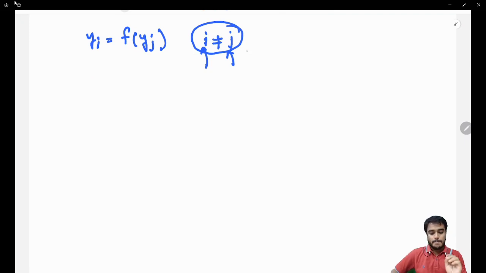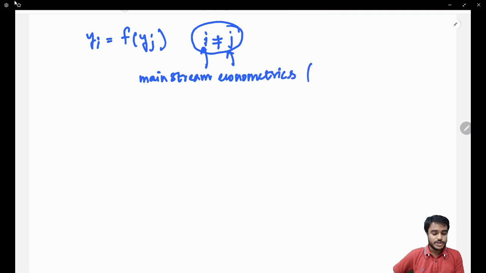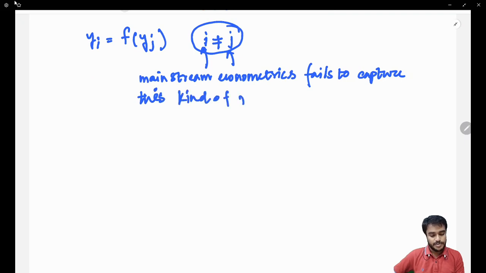Suppose that mainstream econometrics fails to capture this kind of relationship, right?